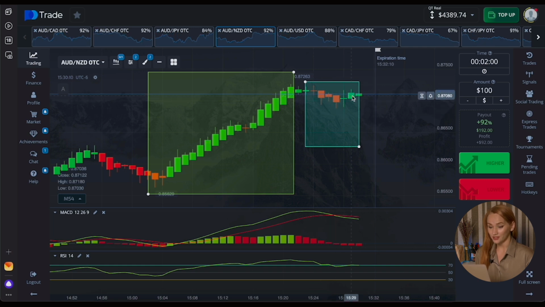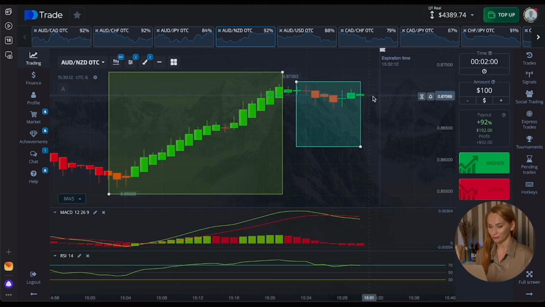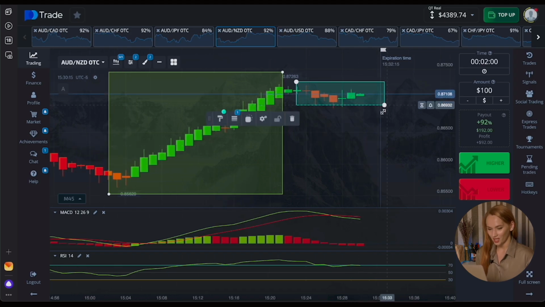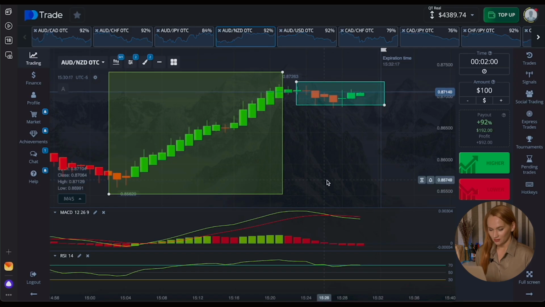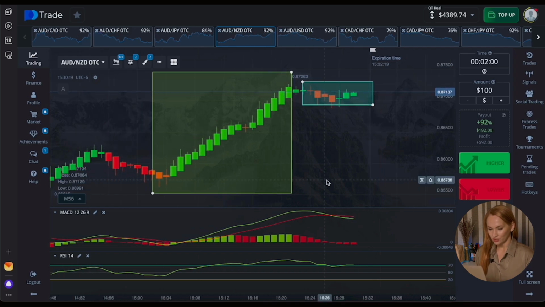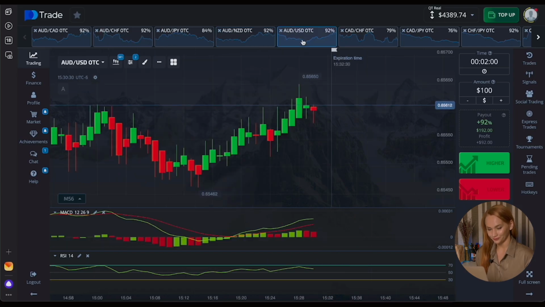And you can clearly see the sideways trend, which we call flat. So the sideways trend is not the perfect time to enter, which you can now clearly tell. Okay, let's find another example.